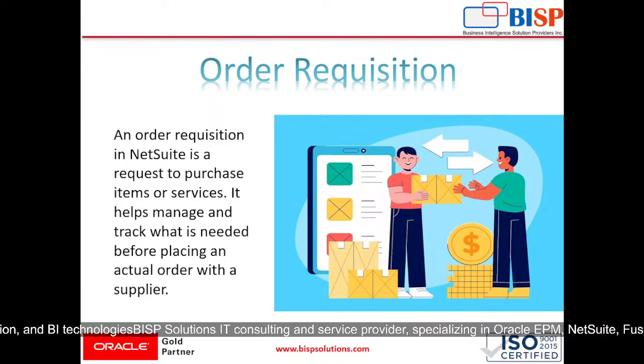The general ledger in NetSuite is a central component of its accounting system. It is where all financial transactions are recorded and tracked, providing a comprehensive view of the company's financial health. The GL organizes transactions into accounts and helps produce key financial statements such as the balance sheet and income statement.